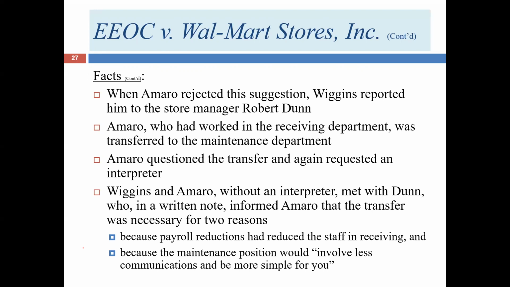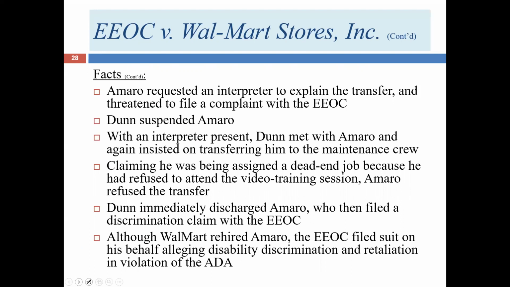So this particular individual, Amaro, may really not have understood what was going on, and it may well be that Walmart was retaliating against him for having requested an interpreter. Under these circumstances, the jury found that to be the case.